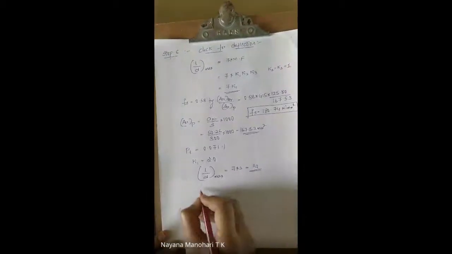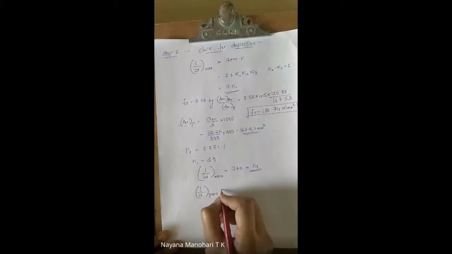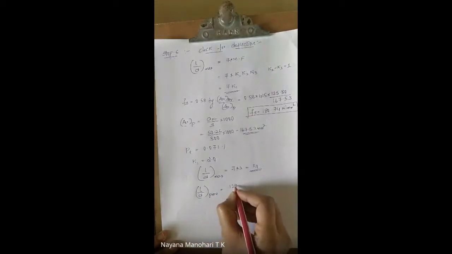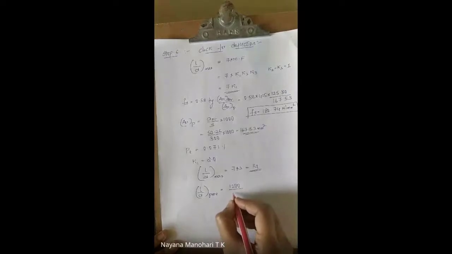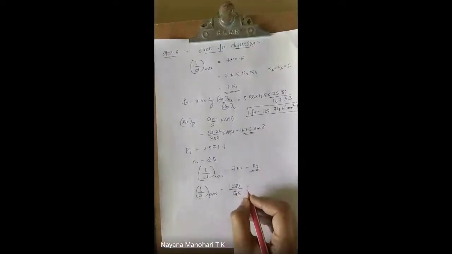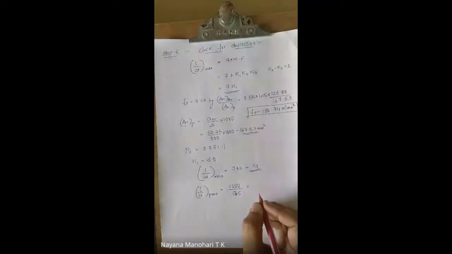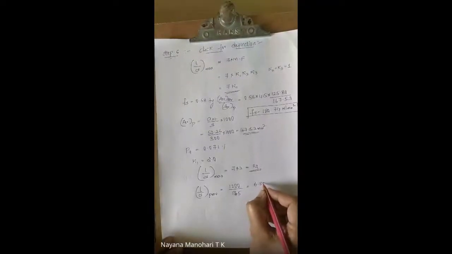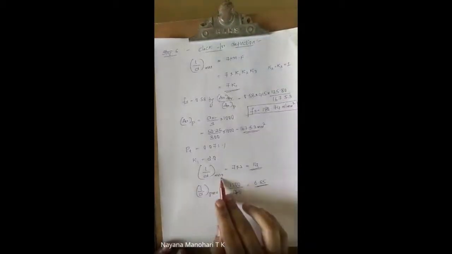Then calculate L by D provided. L is 1200, that is 1.2 meter. Depth is 175, and calculating it you will get 6.85. Compare L by D max with L by D provided, and write down the statement.